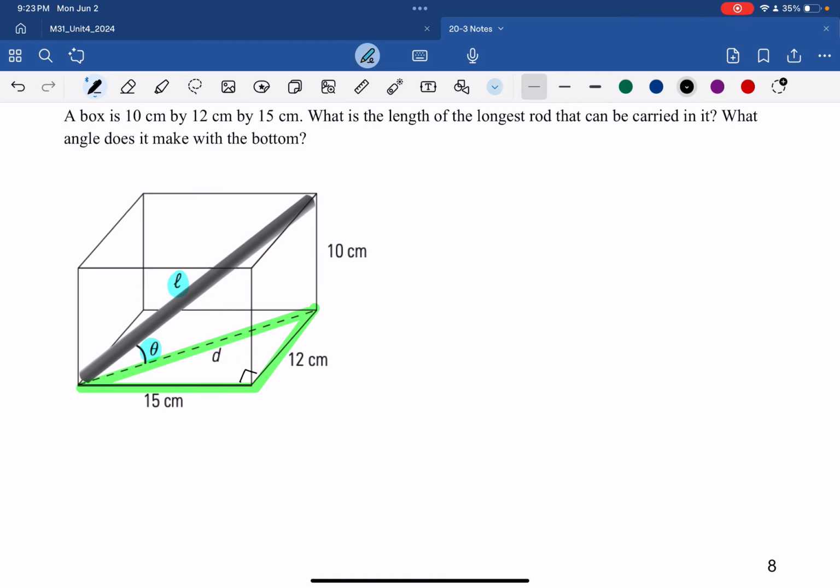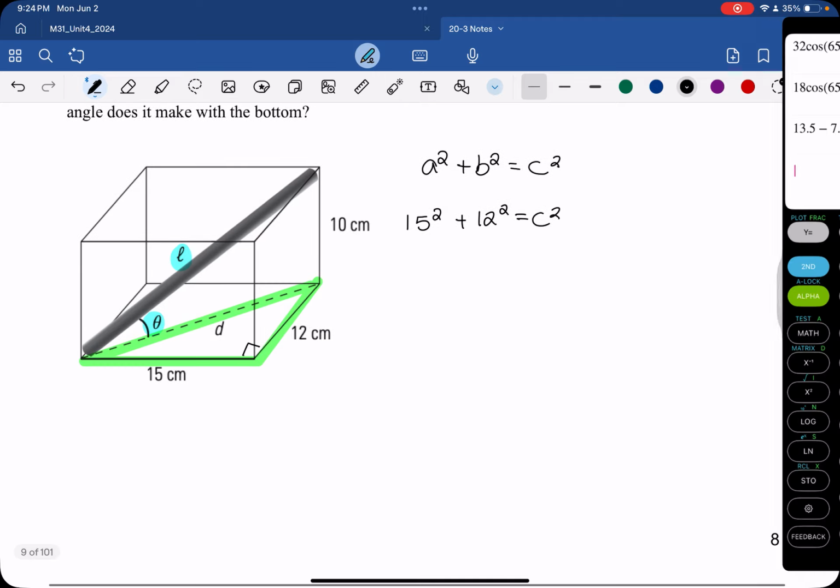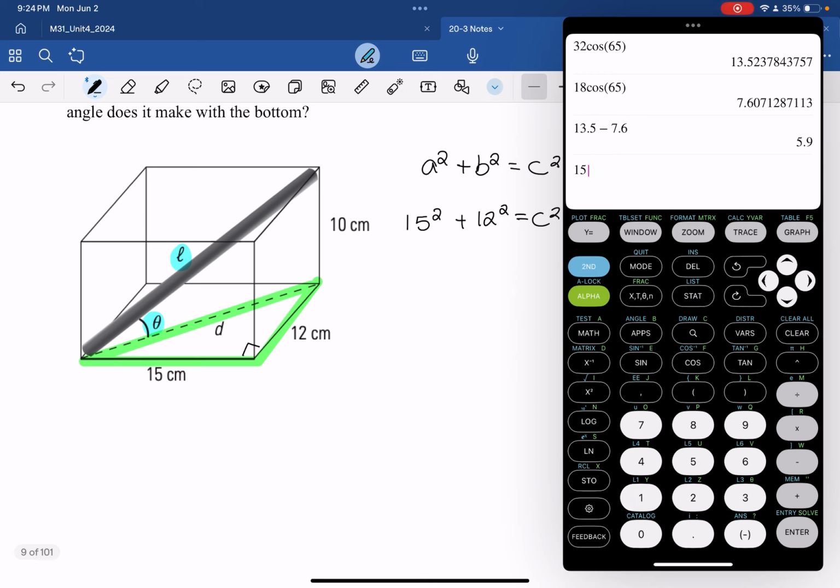So in order to figure out what D is, I'm going to use Pythagorean theorem. I'm going to use a squared plus b squared equals c squared. So 15 squared plus 12 squared equals c squared. I have two side lengths, and the D is the hypotenuse here. So just make sure that you set that up correctly.